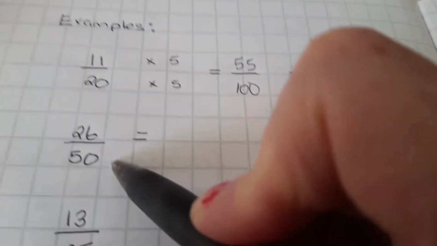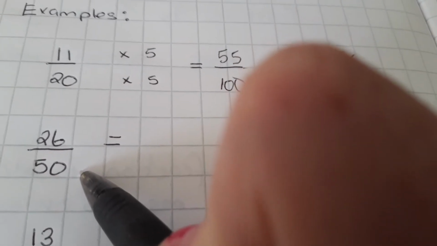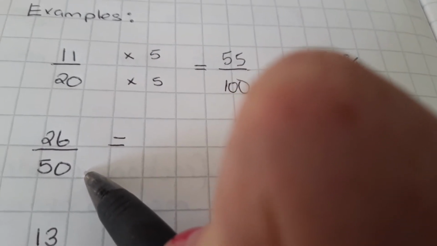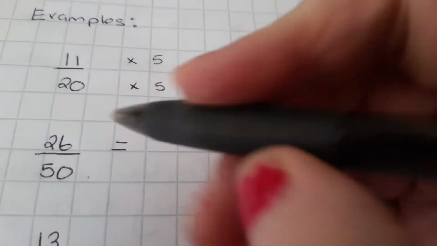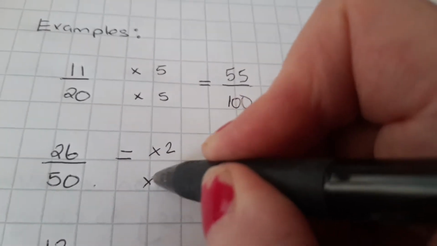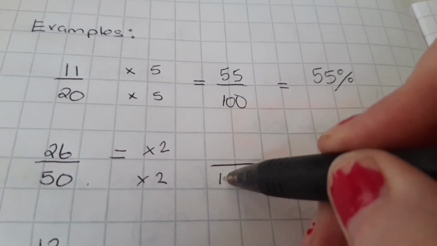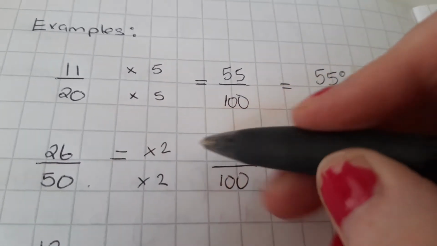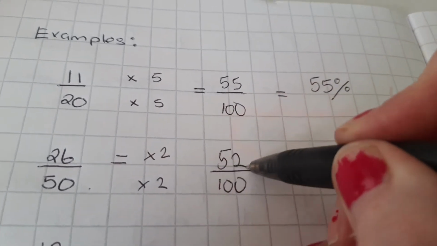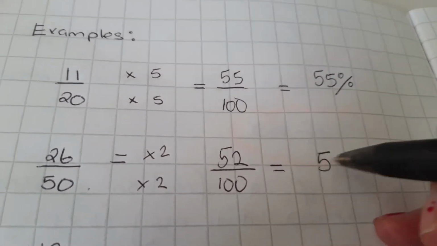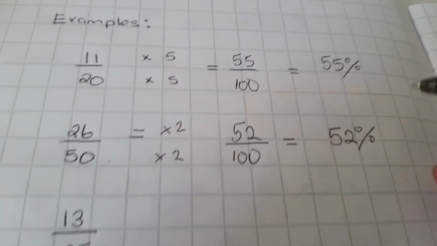Look at another one. Now I've got 26 over 50. So we say that's not 100. We want to make it 100. 50 goes into 100 2 times. So we're going to multiply by 2. 50 times 2 is 100. 26 times 2 is 52. So that actually means 52%.